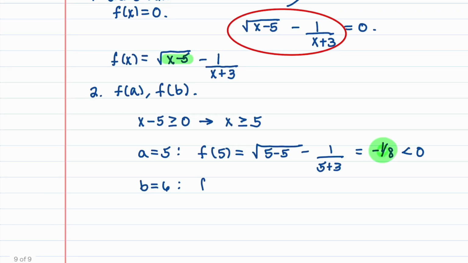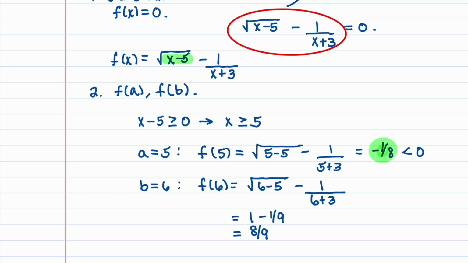Let's see what we get. f(6) is the square root of 6 minus 5, minus 1, all divided by 6 plus 3. This is 1 minus 1, over 9, and this is equal to 8 over 9. Let's highlight that. This number is greater than 0, so this is great.